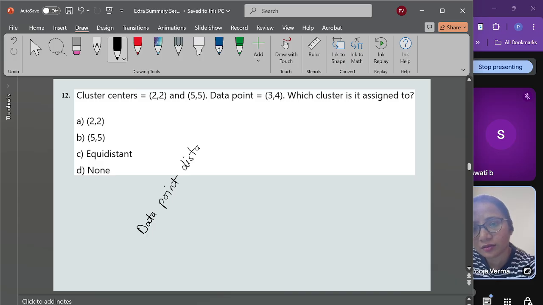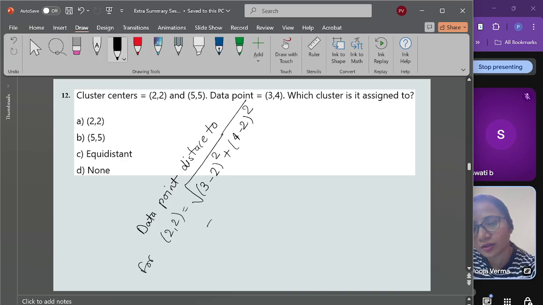So let's check this data point's distance to the first cluster center, 2, 4, and then to 5, 5. So how can we calculate? The given data point is 3, 4, and the cluster center point is 2, 4. So (3 minus 2) square plus (4 minus 4) square, right?